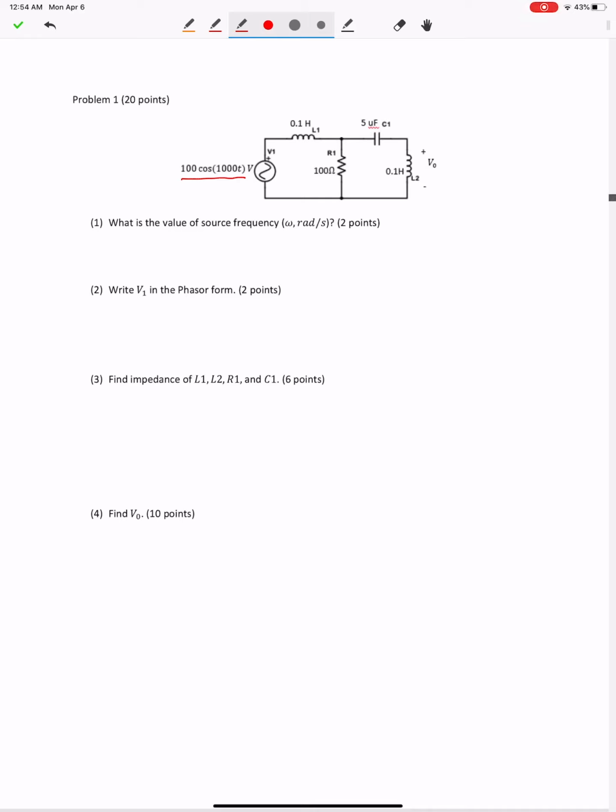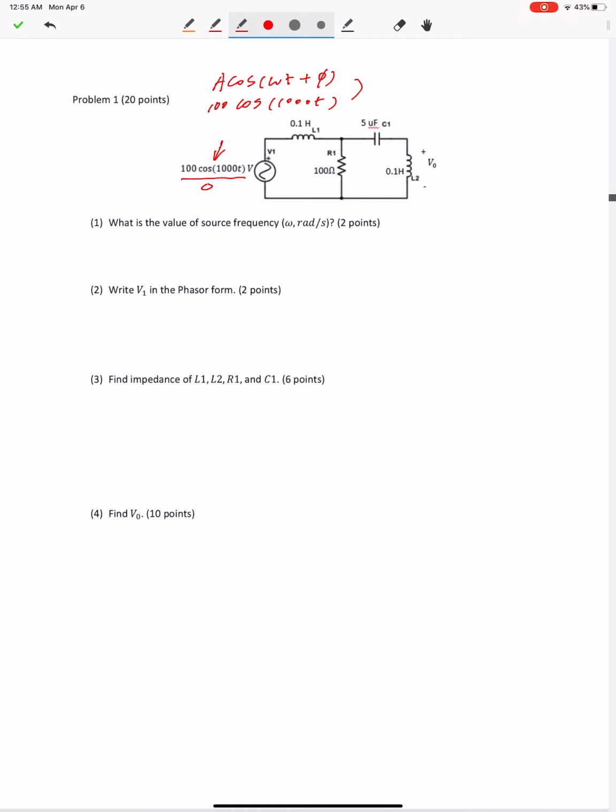To find the source frequency, you need to look at the expression of this AC source. The general expression of the AC source is A cosine(omega t plus phi). Here we have 100 cosine 1000 t.